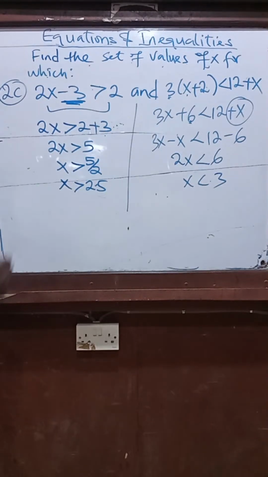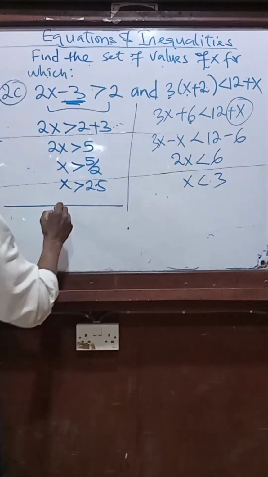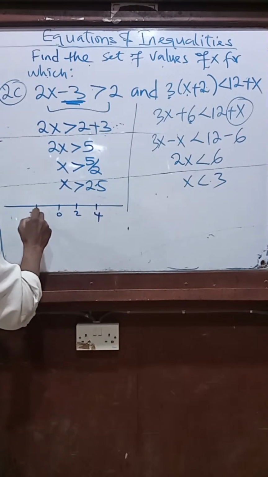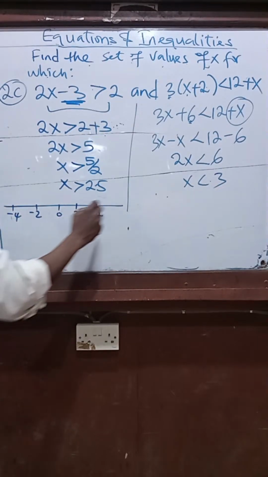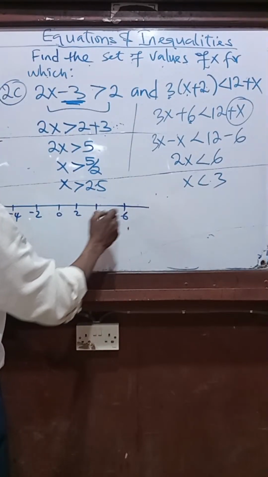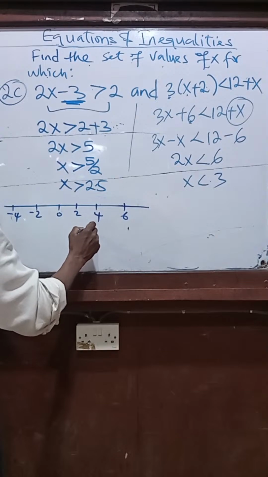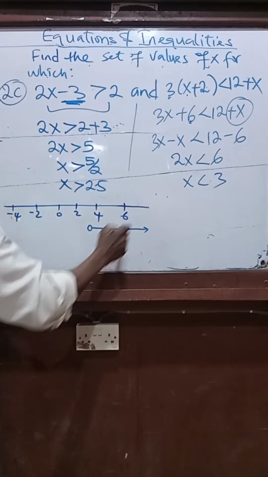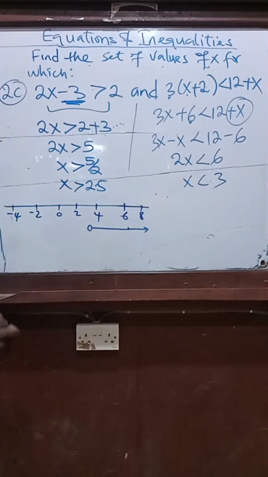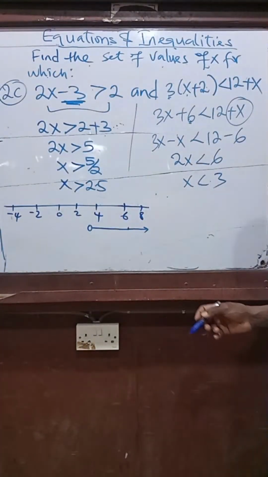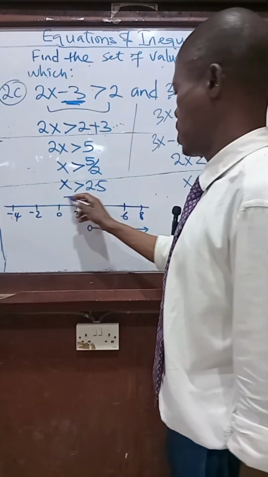So the number line is this. That's 6. So minus 2.5. Okay? Greater than. So that's that for this case. Greater than is this way.